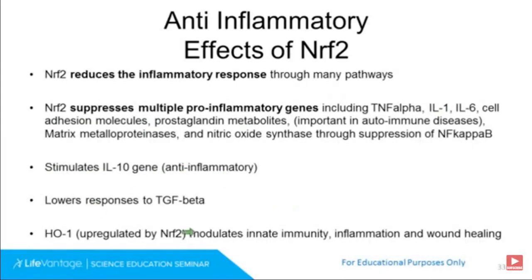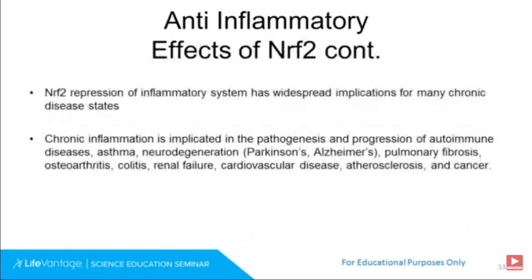So this gets a bit complicated, but just suffice it to say that there are multiple anti-inflammatory proteins that are induced by Nrf2. Nrf2 and inflammation has been looked at in a variety of different conditions, from autoimmune disorders to asthma to neurodegeneration. I mentioned Parkinson's and Alzheimer's, pulmonary fibrosis, osteoarthritis, cardiovascular disease, and cancer.